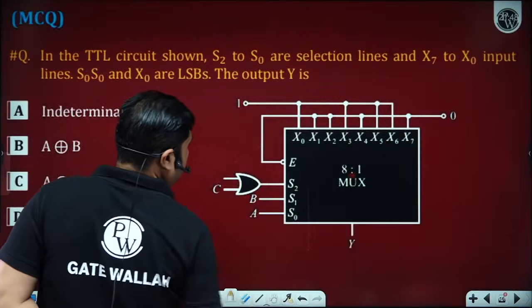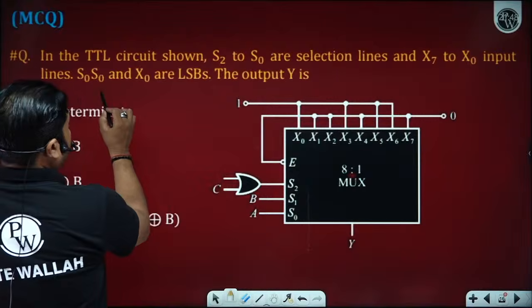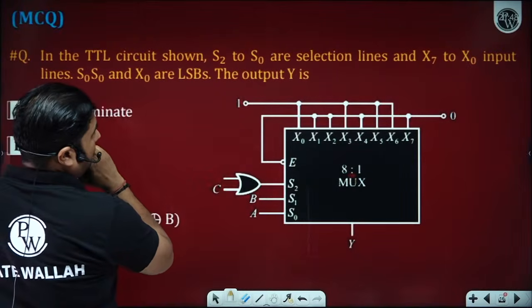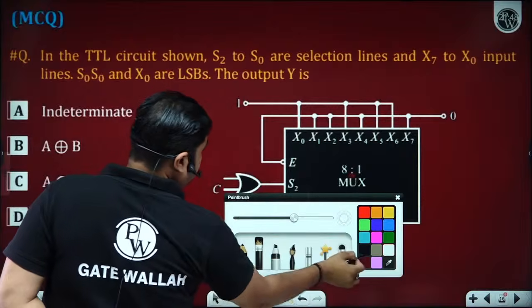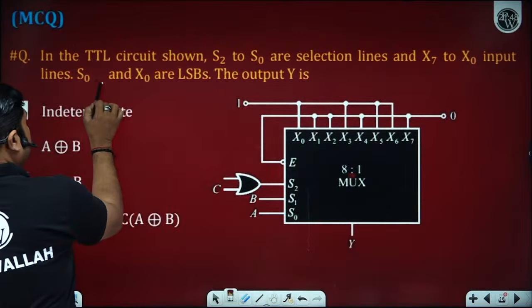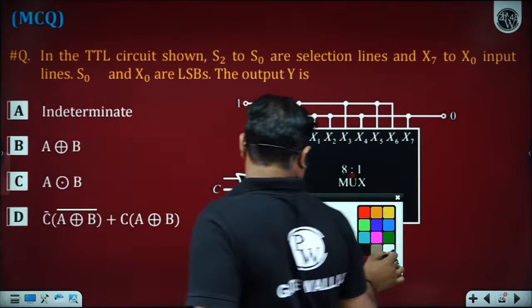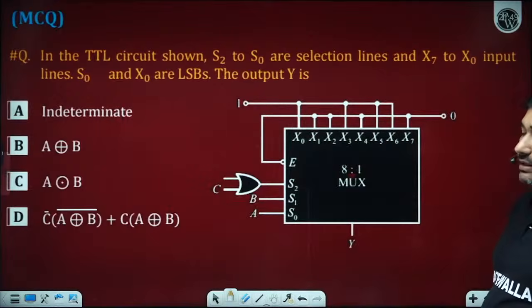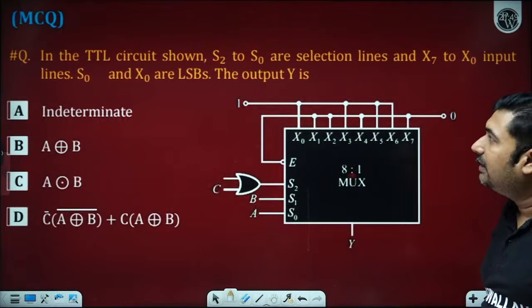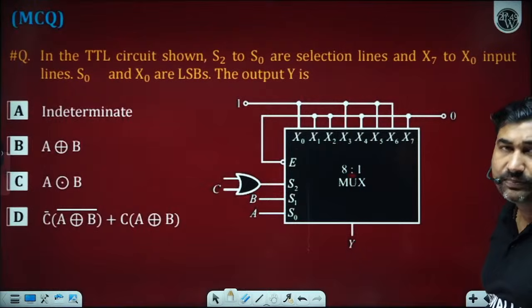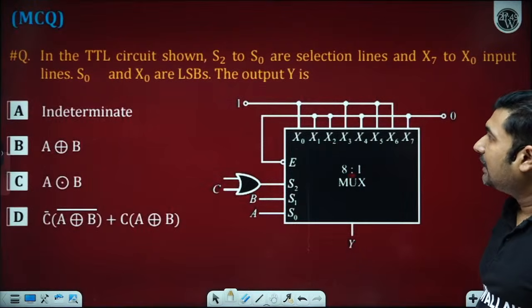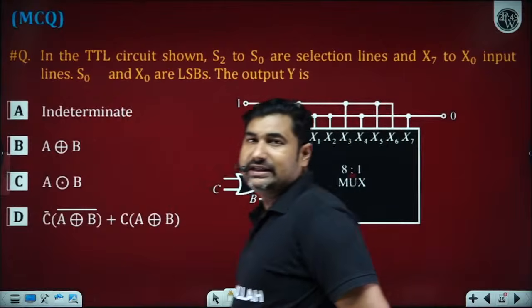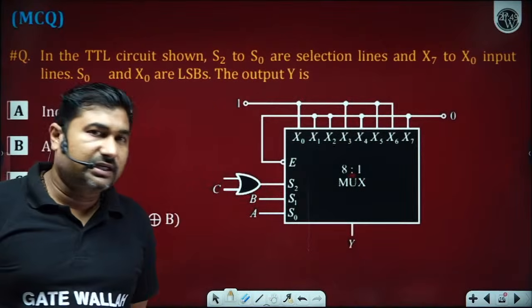S0 and X0 are the LSBs. S0 is the select line LSB and X0 is the input line LSB. You have to identify the output Y from the circuit shown below.